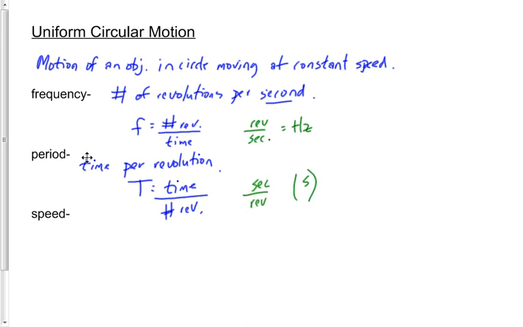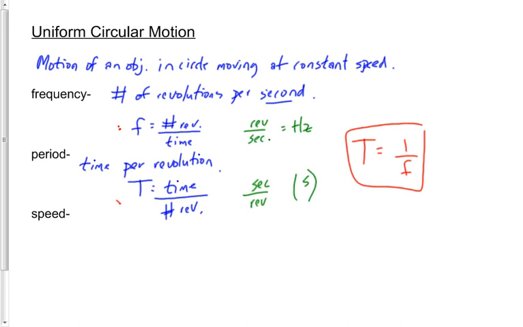The good news is neither of these are that difficult. The bad news is neither of these equations appear on your data sheet. The following equation does appear on your data sheet, though. T is equal to 1 over F. Where does that come from?